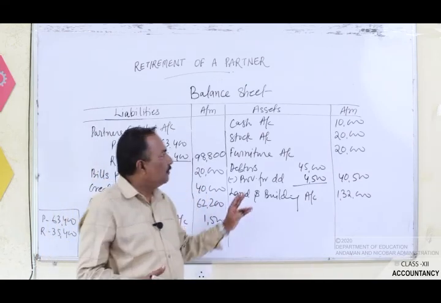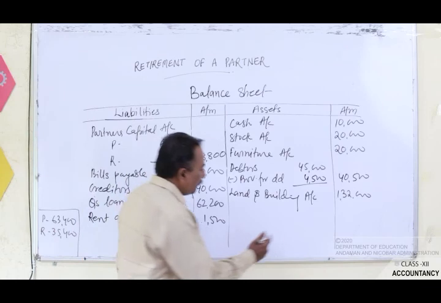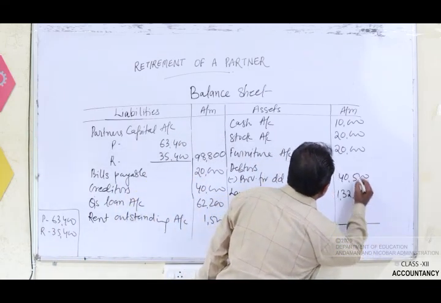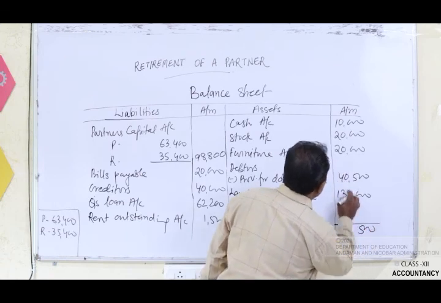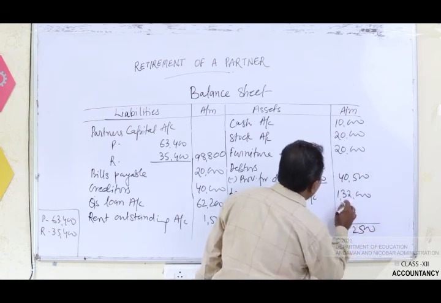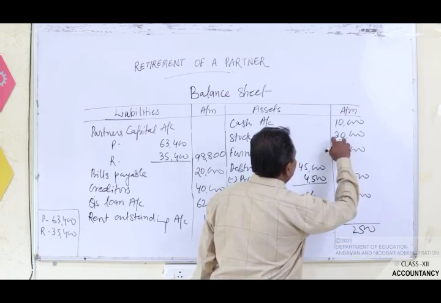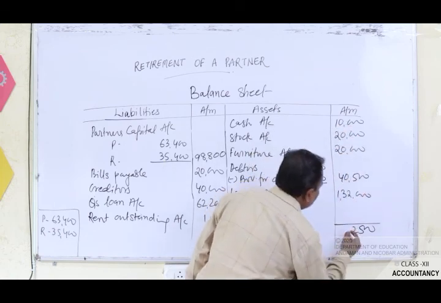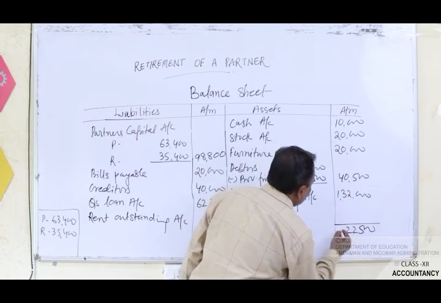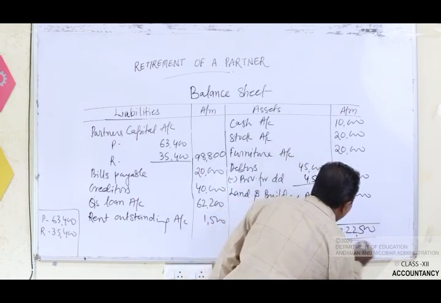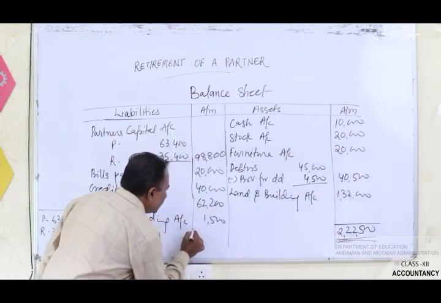What we will do is we will close the balance sheet. If we total the asset side, it is 2,22,500 on the asset side.